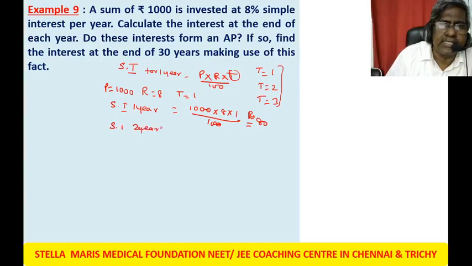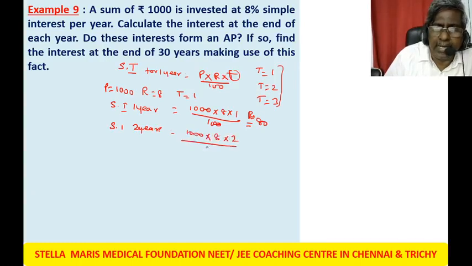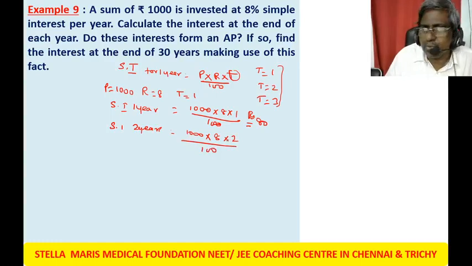Now we'll do the simple interest for 2 years. SI for 2 years will be 1000 into 8 into 2 by 100. Why am I putting 2 here? I am calculating it for 2 years. Likewise these two zeros will go, 10 into 8 is 80, 80 into 2 is rupees 160.